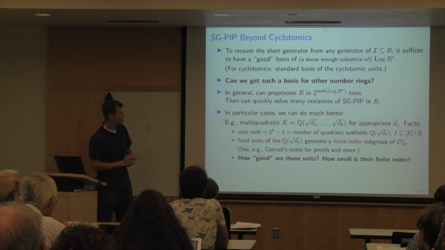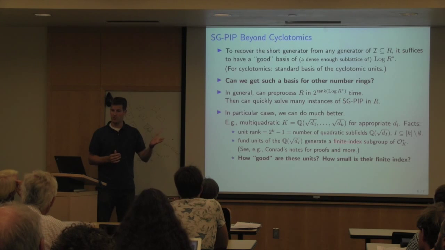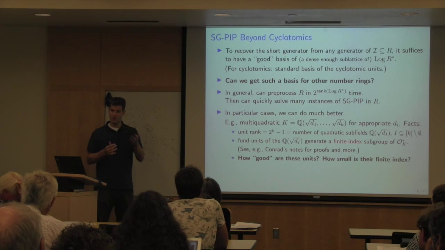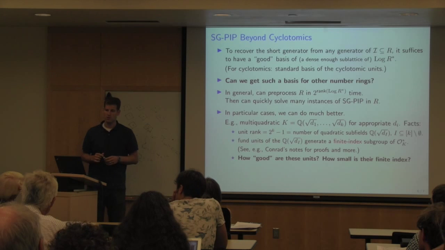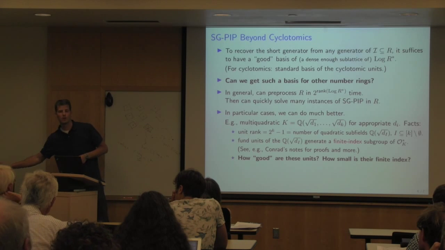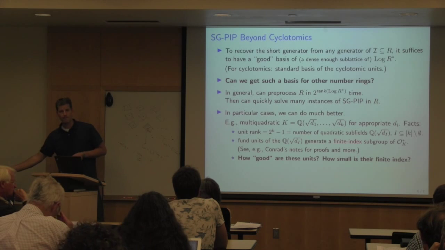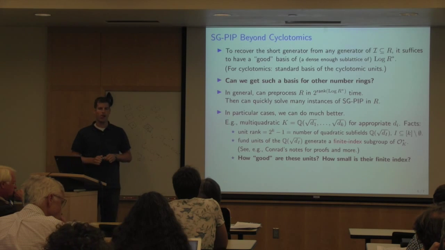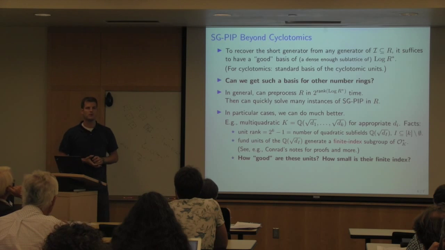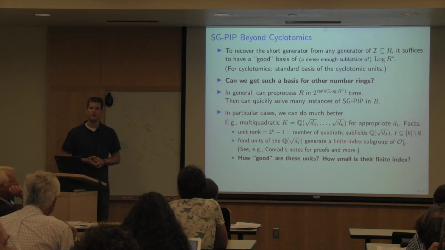And then the other question is, how small is this finite index? So it's a power of 2, apparently. If it's not too large. Is this small enough to do it?